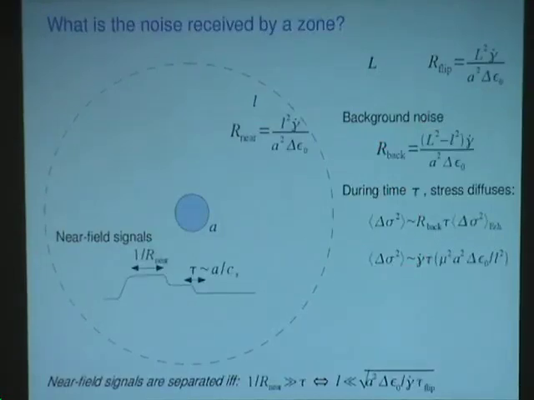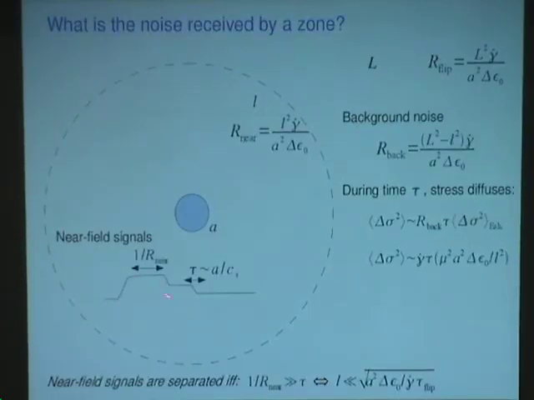So on top of these near field signals, the stress in these regions will do some kind of diffusive motion. And the question is whether the signals coming from far away will blur the information coming from a short-range signal. If you blur the information, if you don't see the stress shift, you cannot be correlated. If you see the stress shifts, then you will introduce correlations.